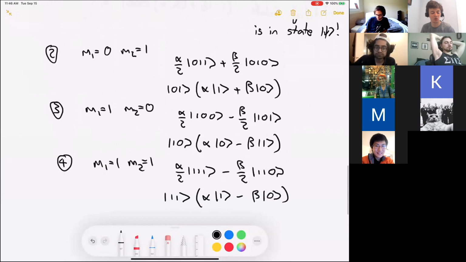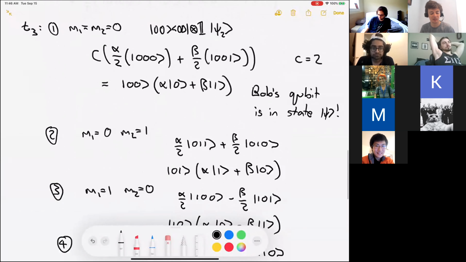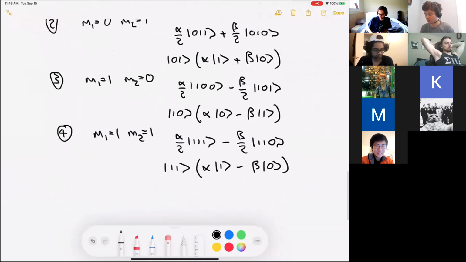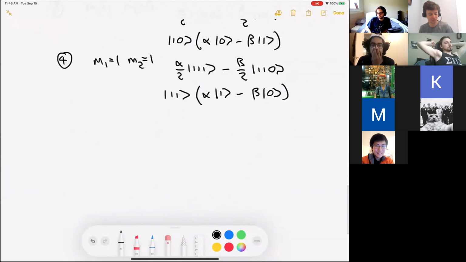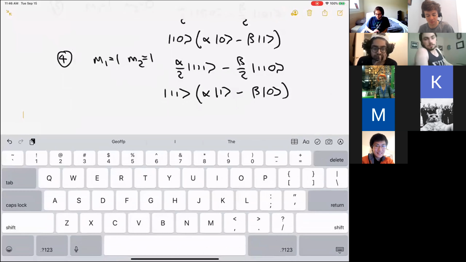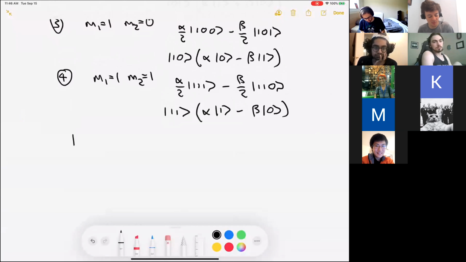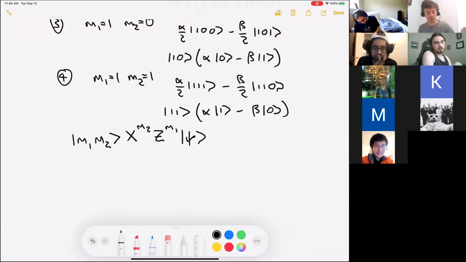We can rewrite all 4 of these cases in a very simple rule, which is that the state is just M1, M2, X to the M2, Z to the M1 times the initial state psi.